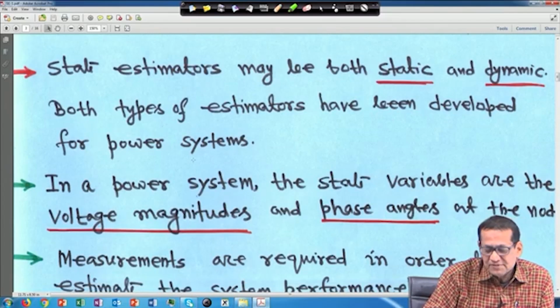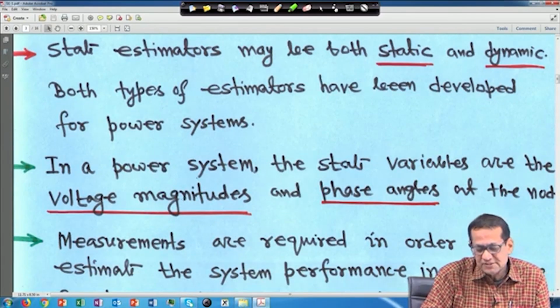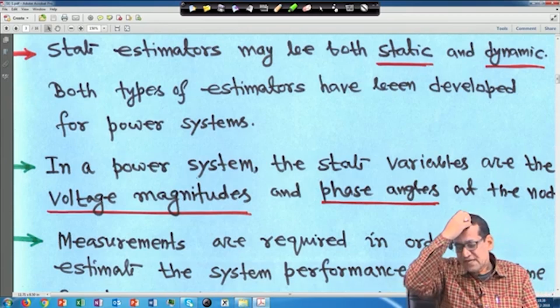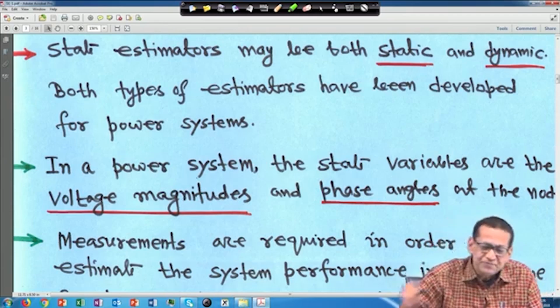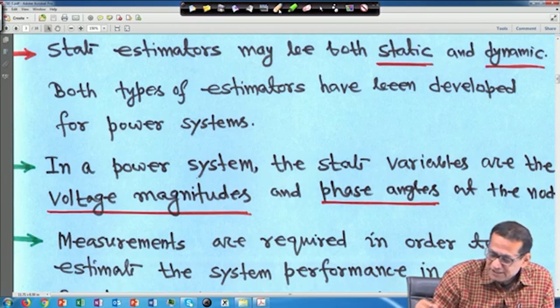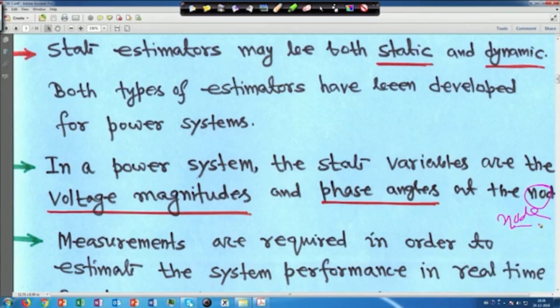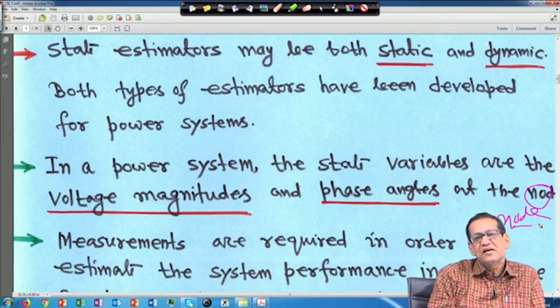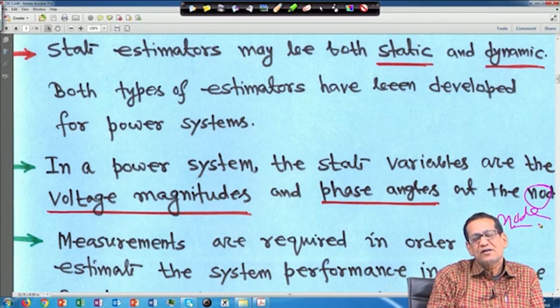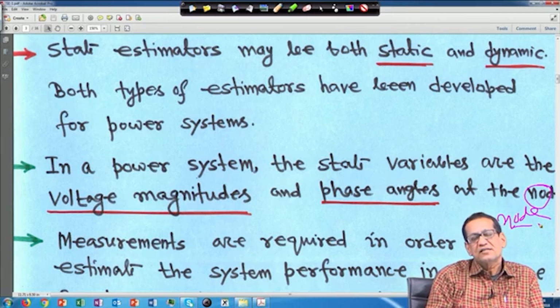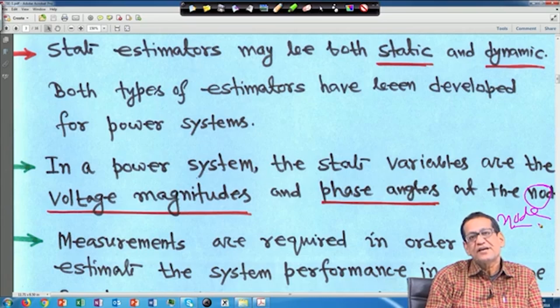In a power system, the state variables are the voltage magnitudes and phase angles at the node, or bus. Basically it is not only the voltage magnitude and phase angles, but also the real power in megawatts, the reactive power in megavars, or the MVA, that is megavolt ampere, or the transformer tap changer settings.